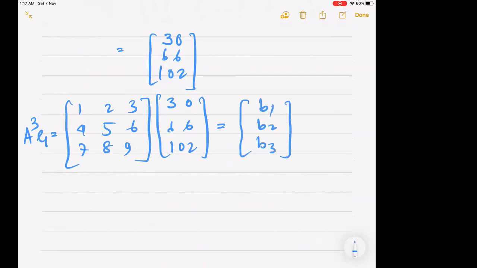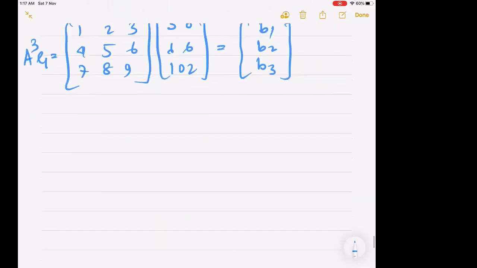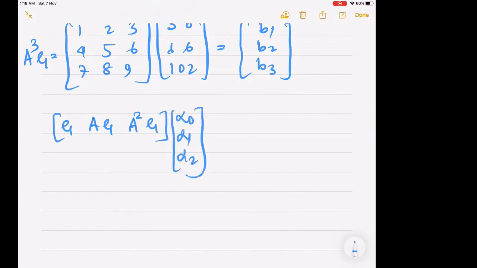Then all I have to do is look at E1, AE1, A squared E1. This is a 3 by 3 matrix. I need to find alpha 0, alpha 1, alpha 2 so that this is equal to b1, b2, b3, which is my A cubed E1.